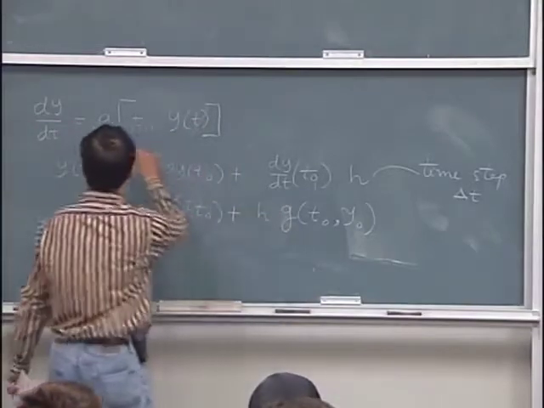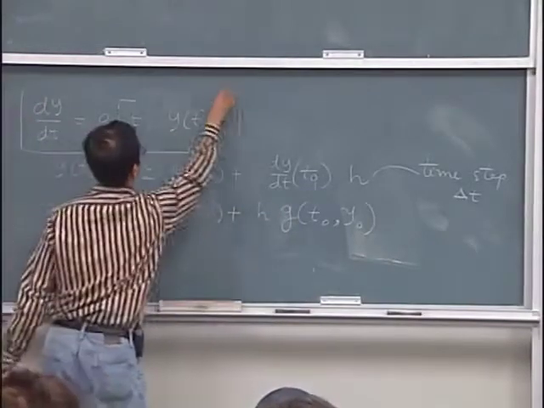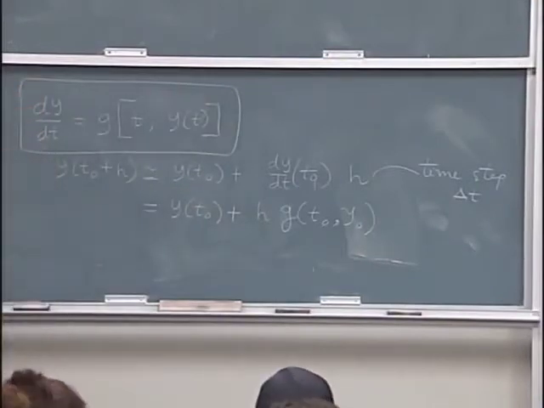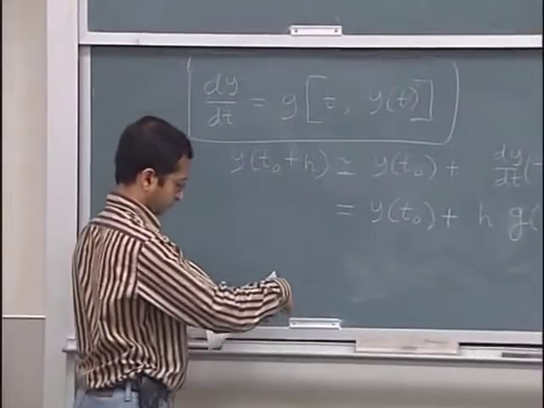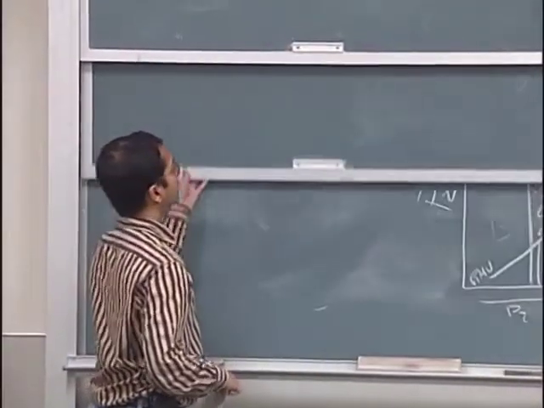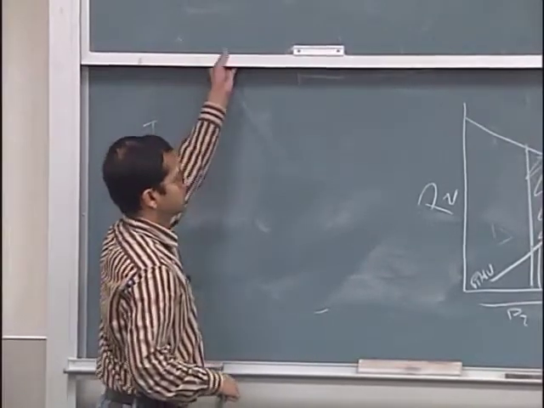Should be G. So that's what you are getting from the equation itself. So you do a step-by-step solution.